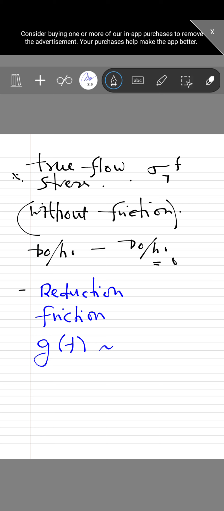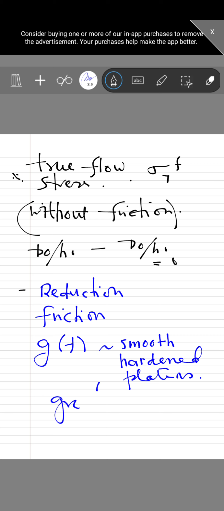So this is more of a geometrical manipulation, the finishing of the specimen under test. So it should be smooth, hardened, flat, and then have grooved ends.